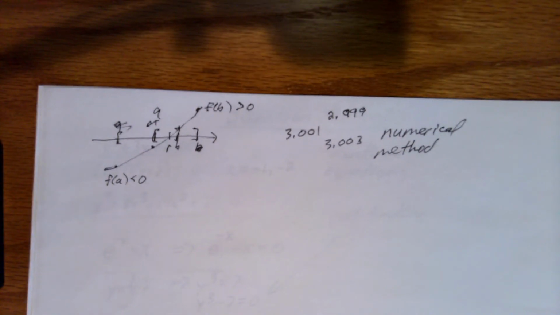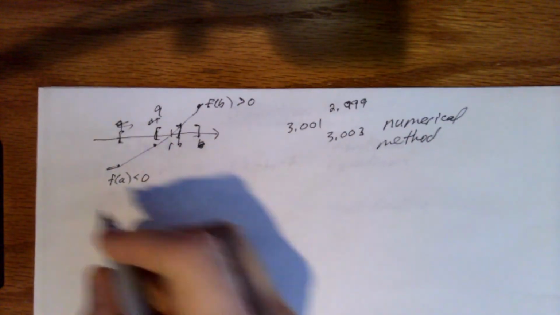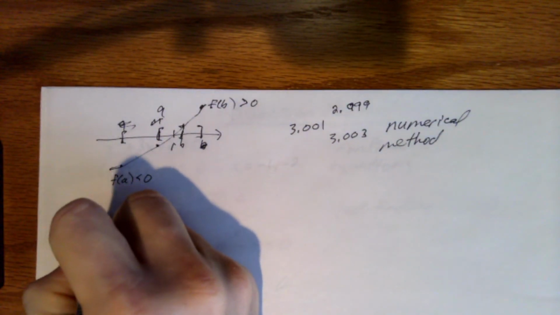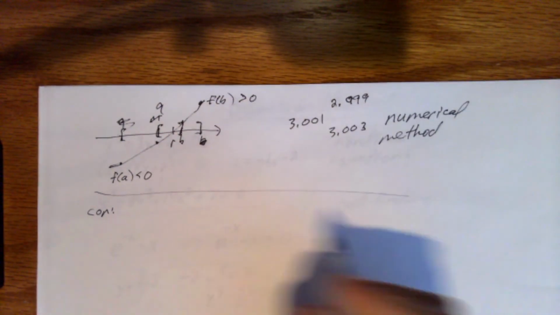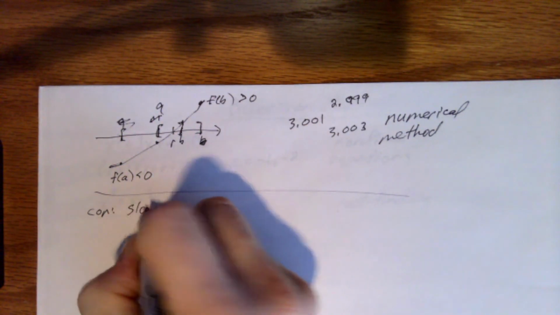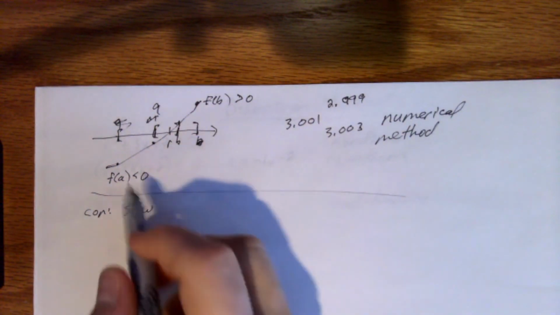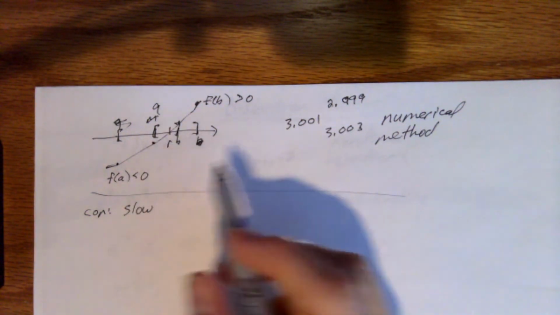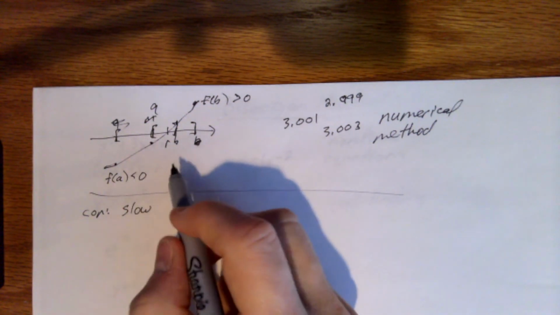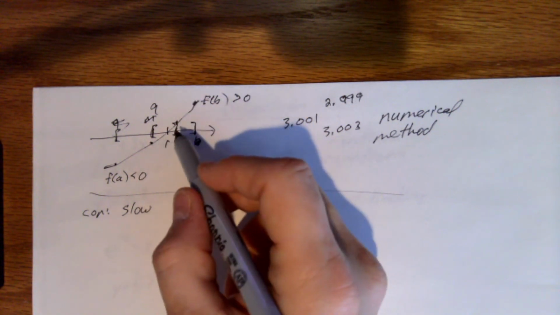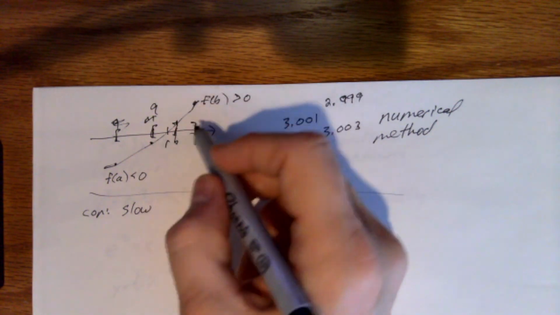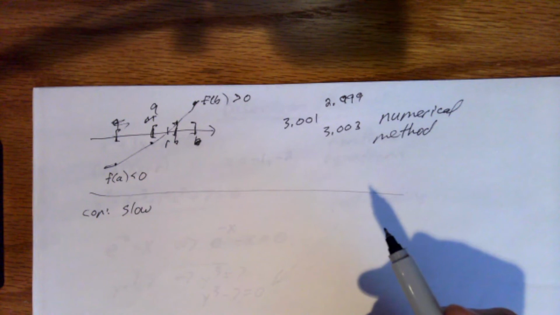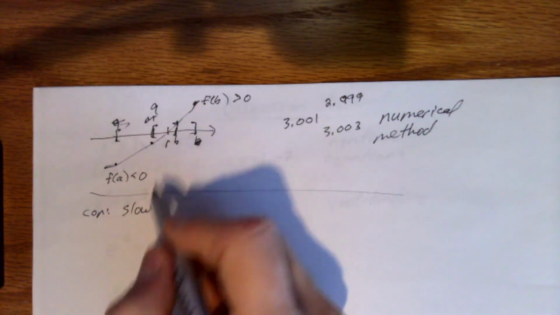So, what are some other comments? The downside of this approach is that it's slow compared to some other approaches. It doesn't incorporate any information about the function itself into the process. There are methods that will look at the slope of the function and use that to try to get to the answer faster, but this doesn't use that kind of information, so it's slow.